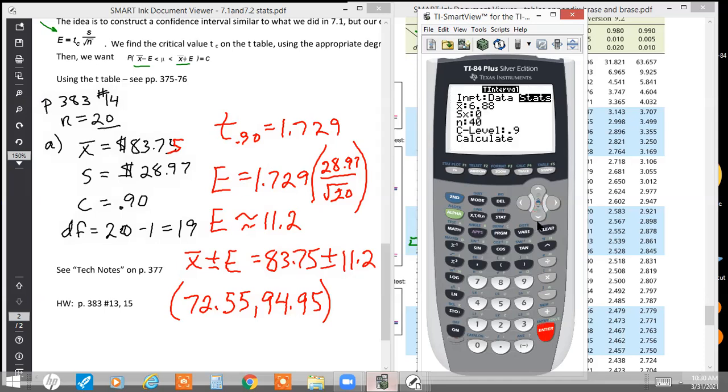And again, we're entering stats. You could enter the data on your calculator, but they already give us the information we need. X bar is 83.75. Our sample standard deviation, on your calculator it calls it Sx, is 28.97.